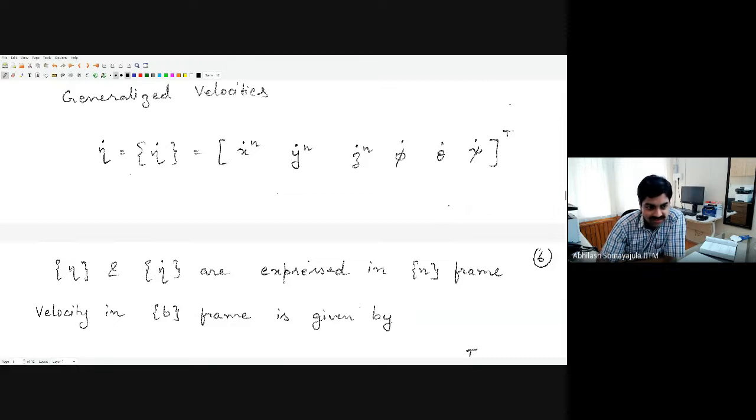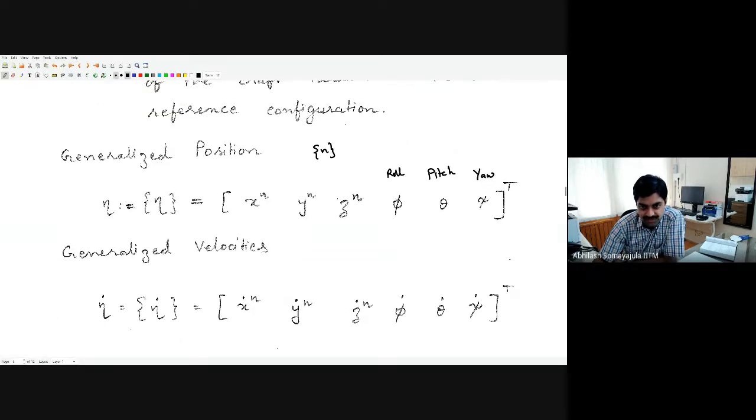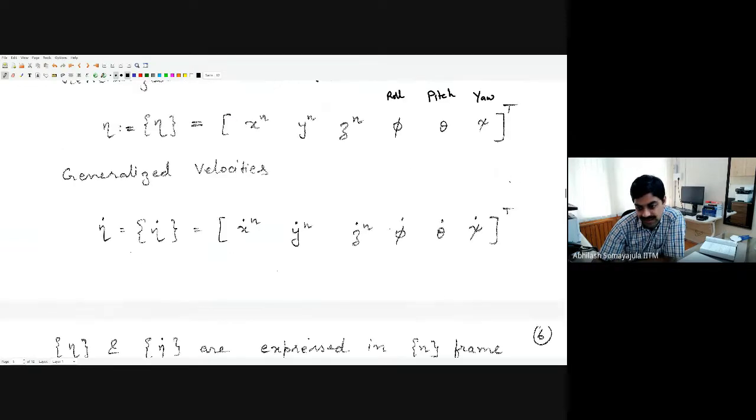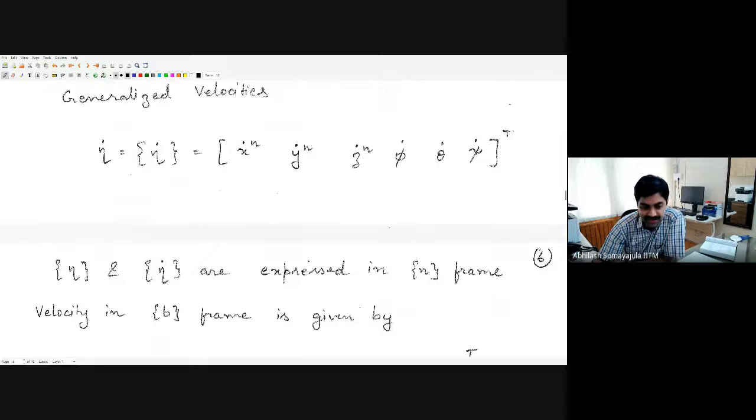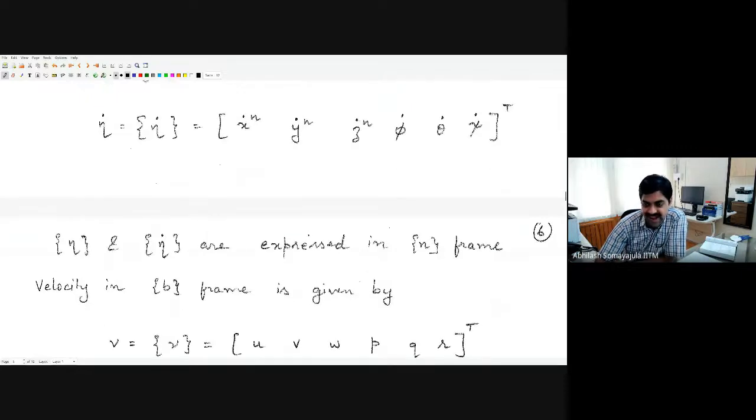Notice that eta and eta dot, the generalized position and generalized velocity, are expressed in the n frame. Please remember that these Euler angles are also defined in the n frame. This might feel a little confusing, but they are angles defined in the inertial frame.